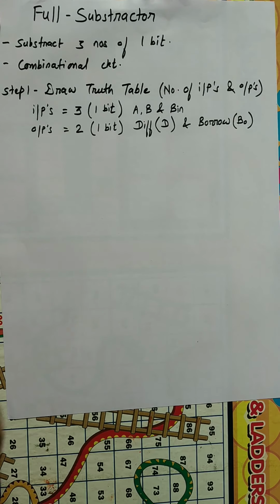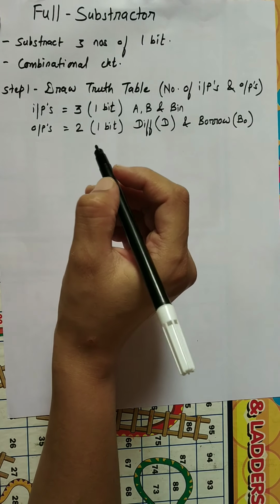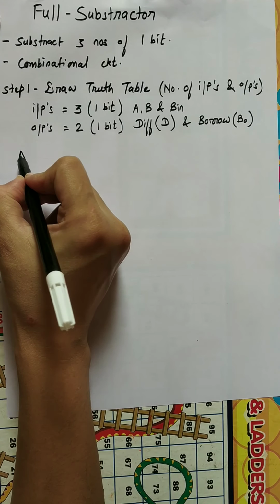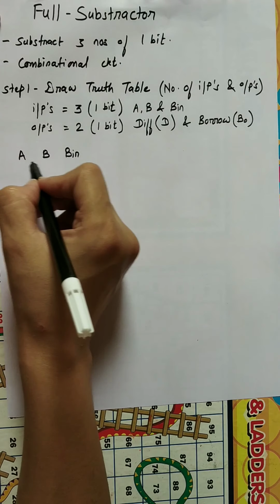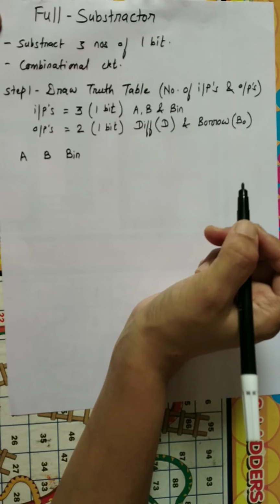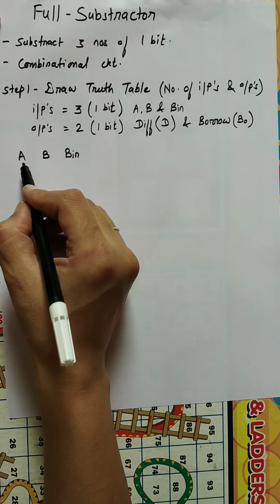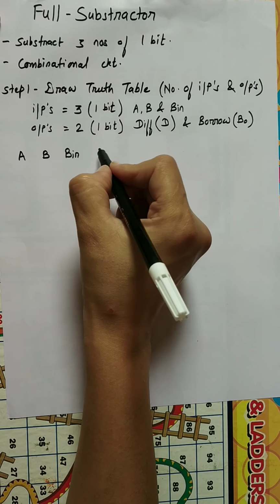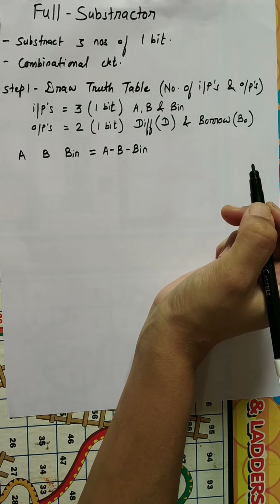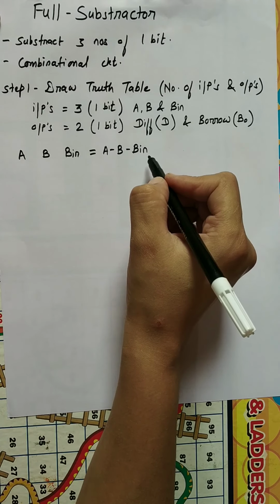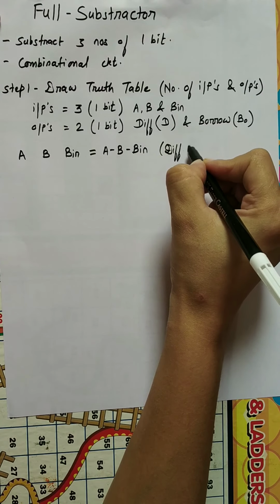So this is the number of inputs and outputs required to draw the truth table of a full subtractor. I just write the inputs first: A, B and B in. As output we have to perform subtraction of these three numbers, A minus B minus B in, so that we get difference and borrow.